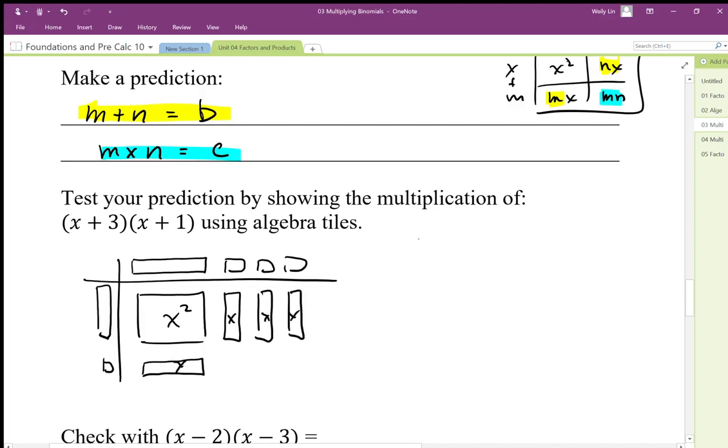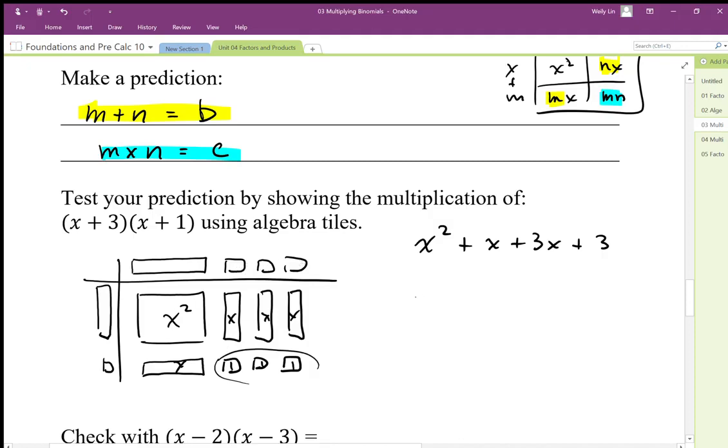So we're going to end up with x squared plus 1x plus 3x, and then in the bottom right-hand corner, we're going to end up with 1 times 3, so we get 3. This is the product of 1 times 3. That grouping of 3 here comes from the 1's tiles here and the 1's tiles here.